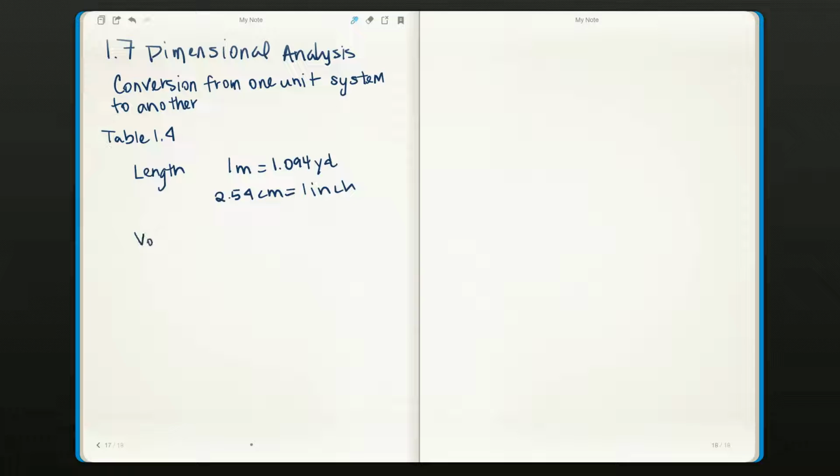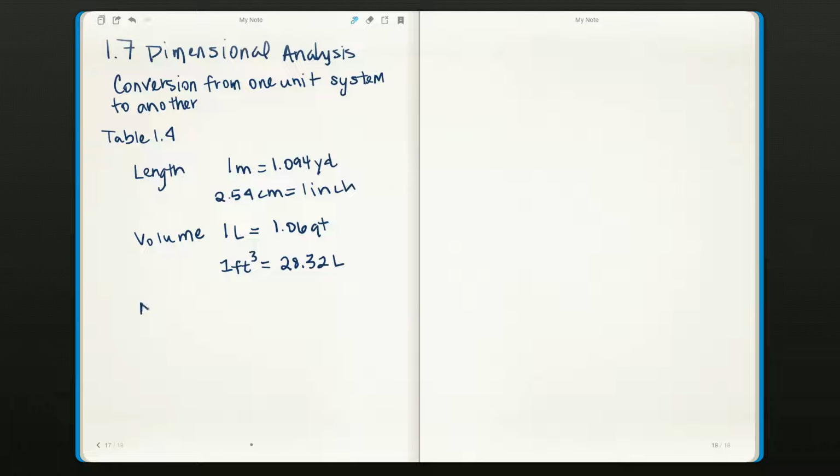For volume, 1 liter equals 1.06 quarts. 1 cubic foot equals 28.32 liters.